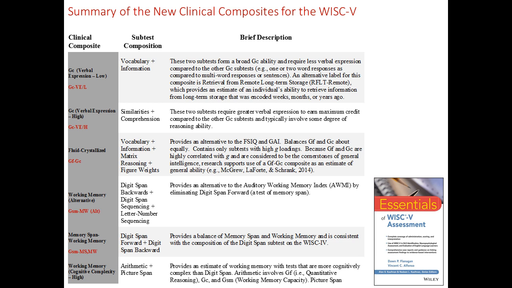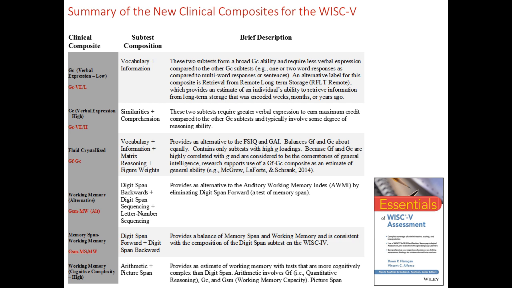There's an alternative working memory composite, which basically takes out digit span forward, so it's more of a pure memory span test. It takes digit span forward out and puts together digit span backward, digit span sequencing, and letter-number sequencing.